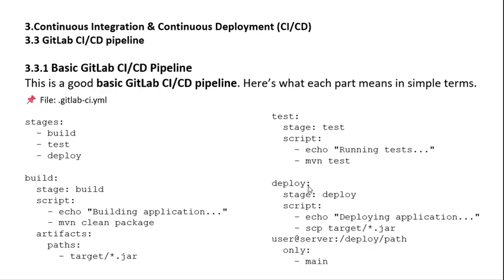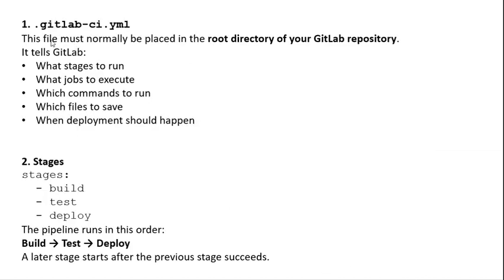And last, deploy: stage: deploy, script: - echo "Deploying the application", - scp target/*.jar user@server:/deploy/path, only: - main. Let's explain the whole example.